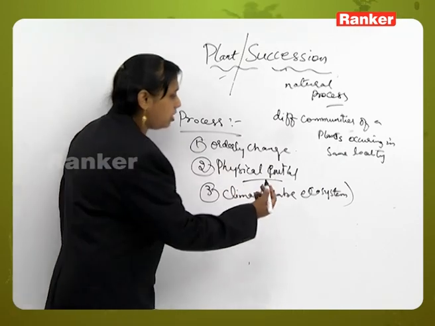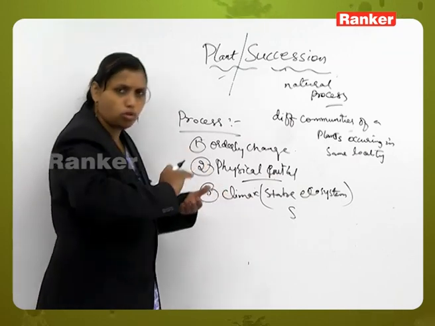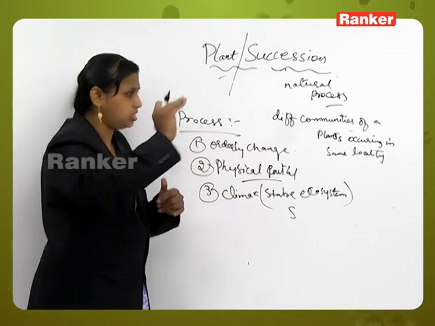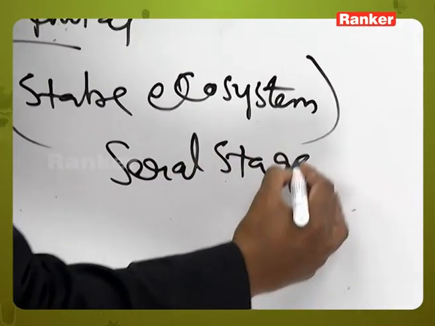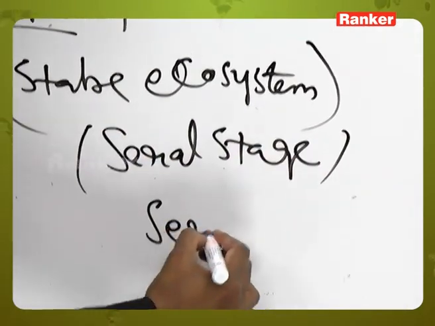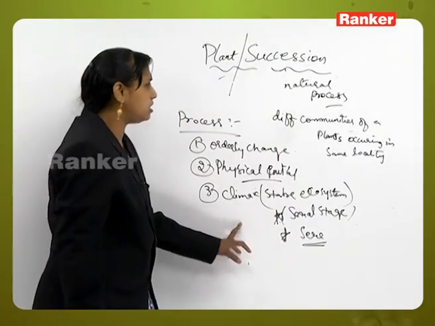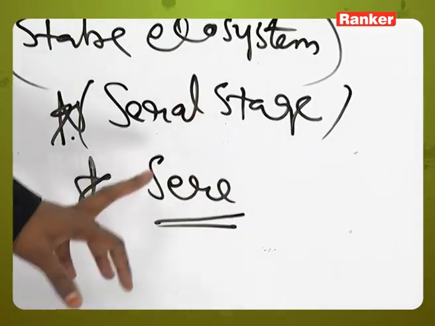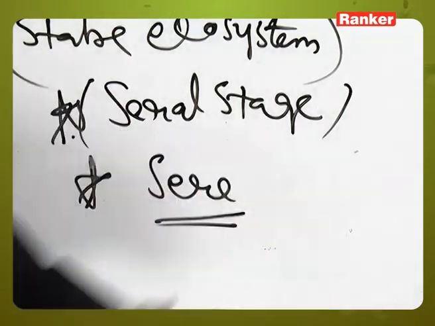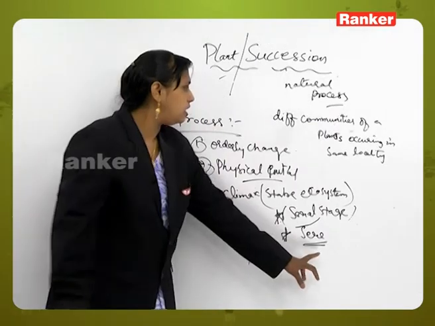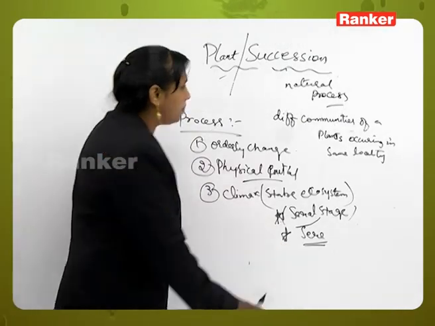During the process of reaching the stable condition, the climax stage goes through different stages of succession, and those are called the seral stages. Each stage is called a sere. These are important. The different stages during succession in an ecosystem are called seral stages, and individually a sere is nothing but a successive stage in an area.